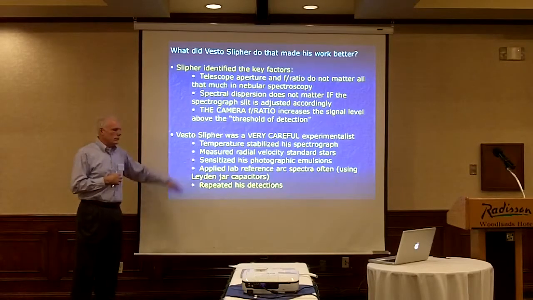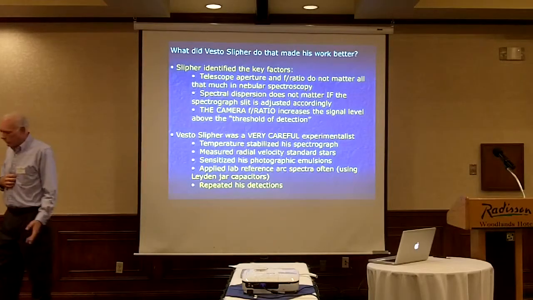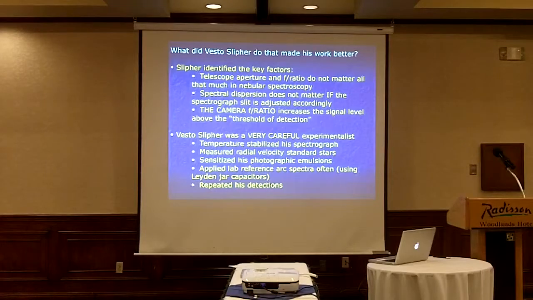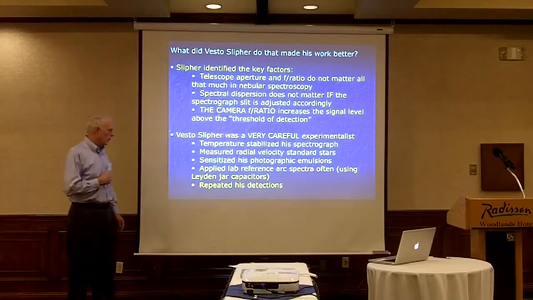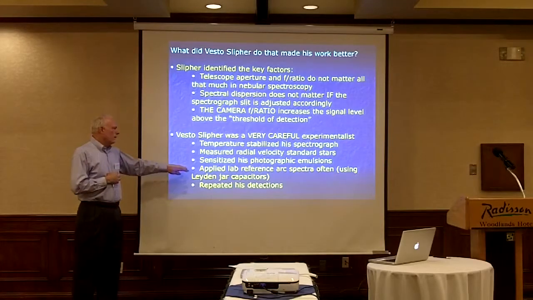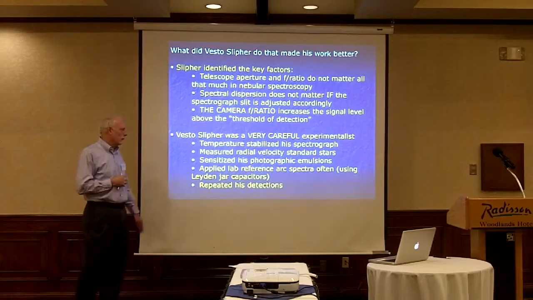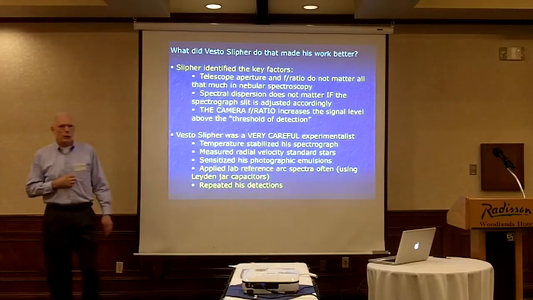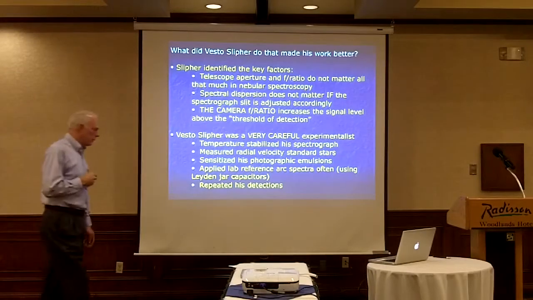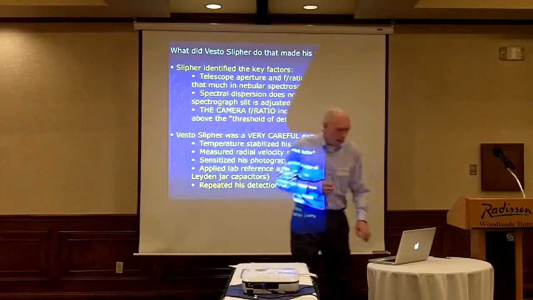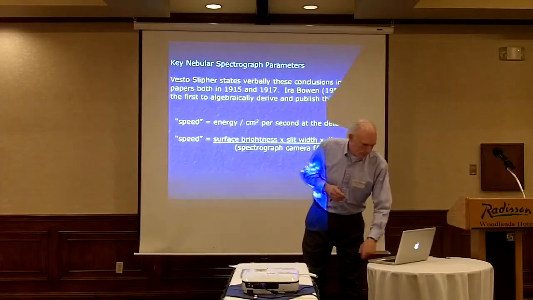He sensitized his own photographic emulsions, and for his planetary work, used dyes to extend the spectral response of the photographic emulsions. He applied lab reference arc spectra through the telescope using Leyden jar capacitors to give the arc spectrum, and then he repeated his detections over and over to make sure he was on the right track.